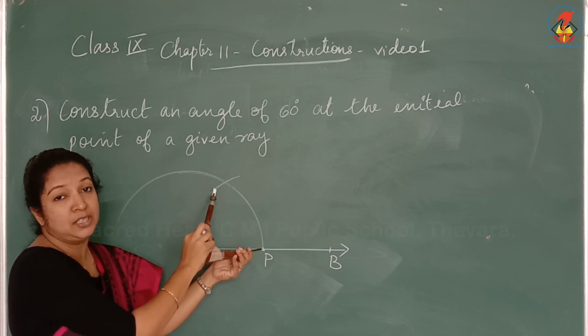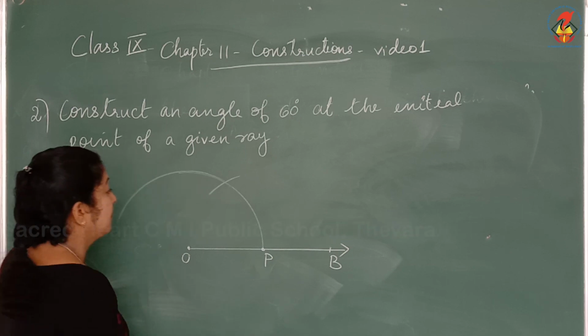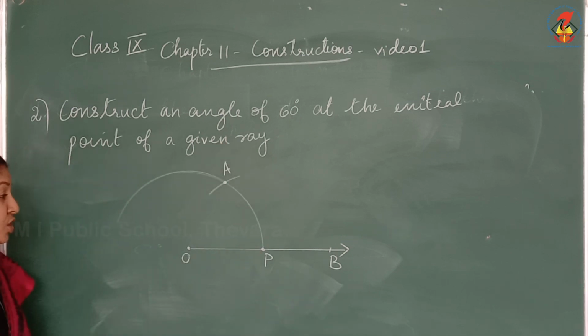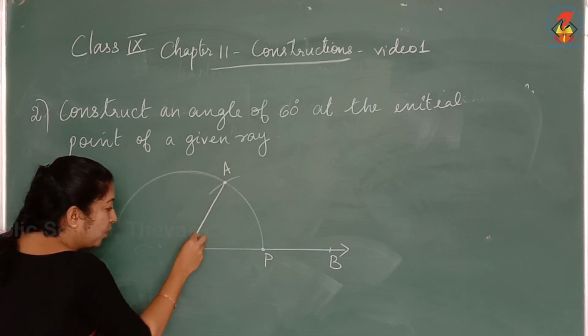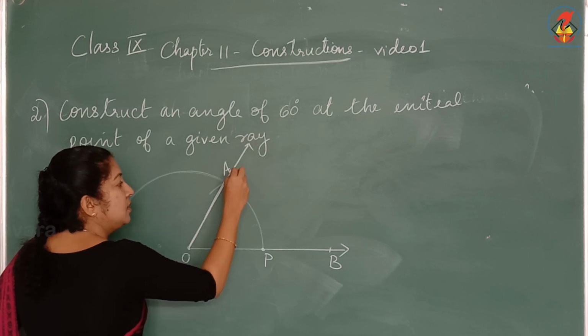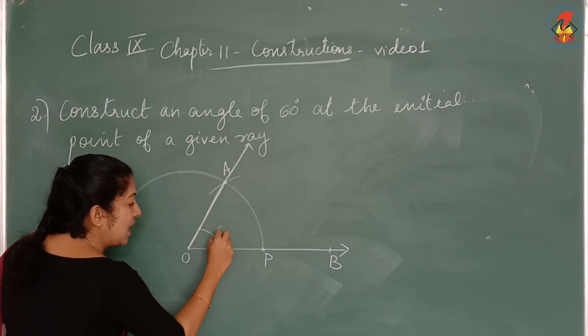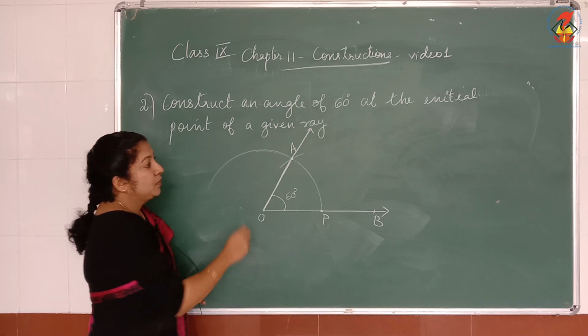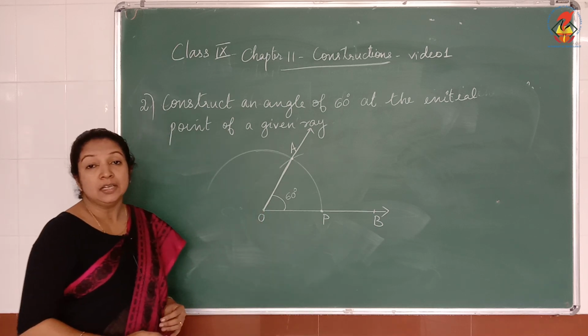Mark it as A. Join AO. Extend this. This is the required angle. This angle is 60 degree. So this is the construction of an angle of 60 degree.